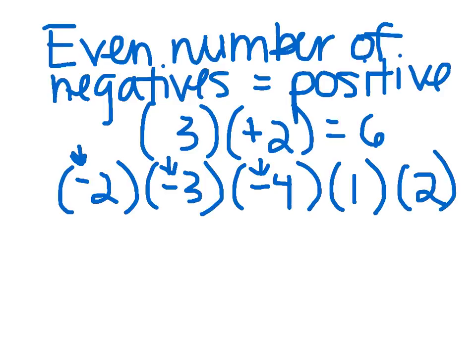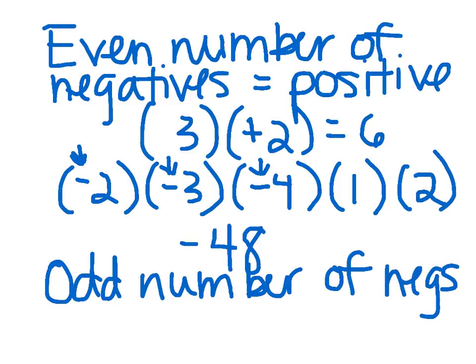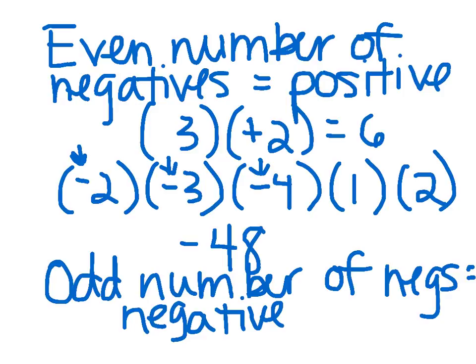I also know that 6 times 4 is 24, times 2 is 48, and that makes this -48. An even number of negatives is positive. Okay, so I forgot about an odd number of negatives is equal to a negative, as you've just seen from the example above.